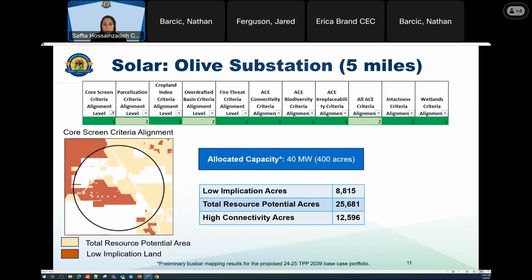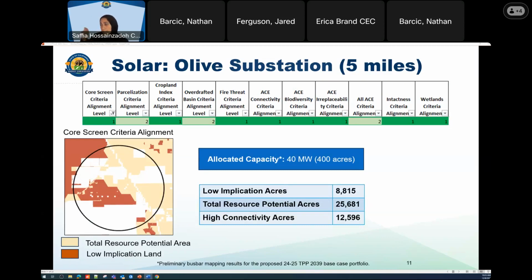So first we have Olive Substation. Now Olive Substation was selected for 40 megawatts to be allocated here, and its final area of assessment was based on a 5-mile radius. So that's what you see here in the figure.